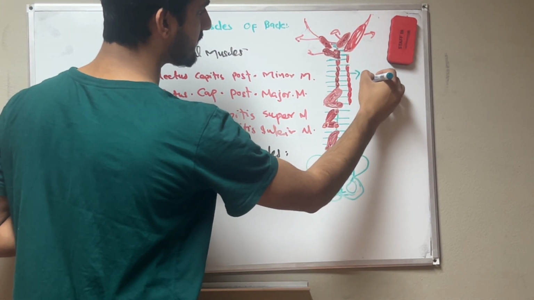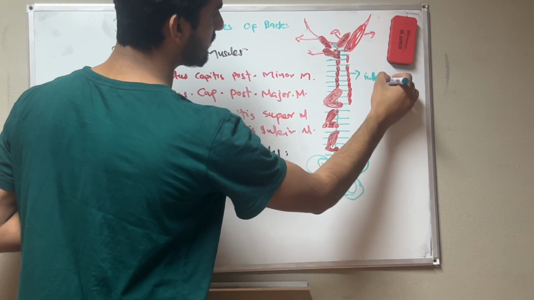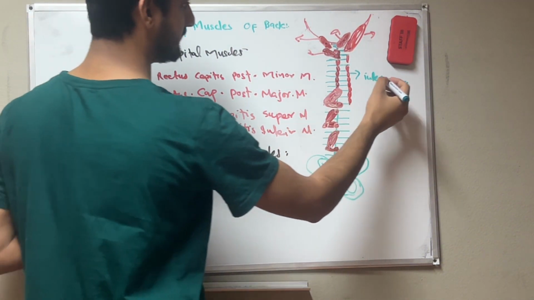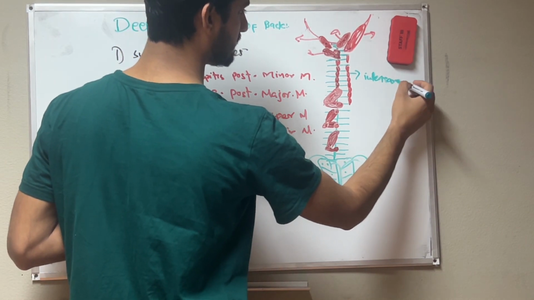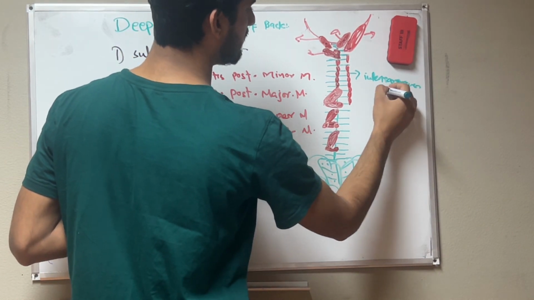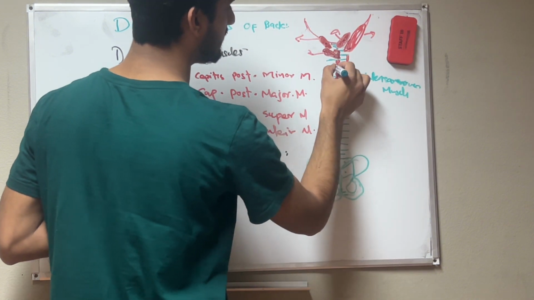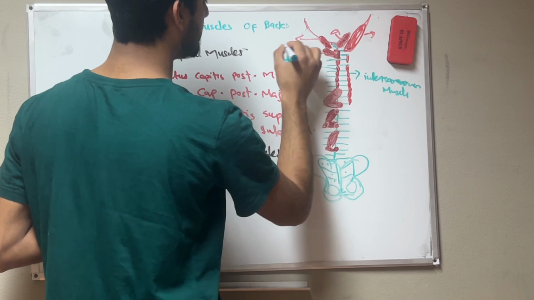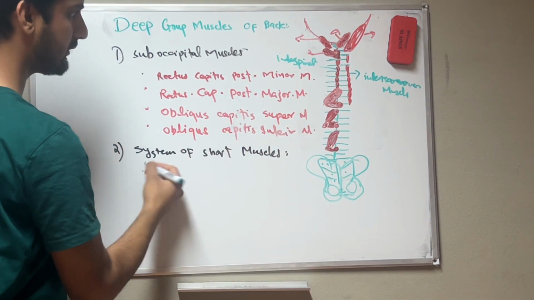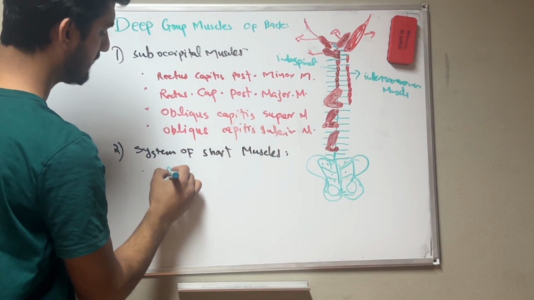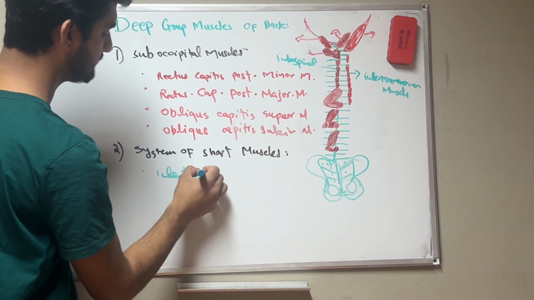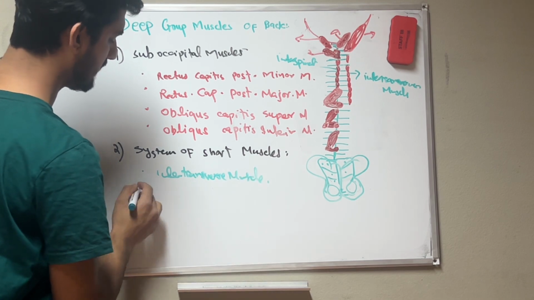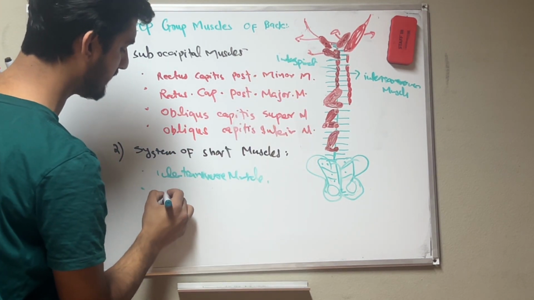This is the intertransverse muscle, and this one is the interspinalis muscle. I am showing it here. This is intertransverse, and here I also write intertransversus muscle. And the second muscle we have is the interspinalis muscle.